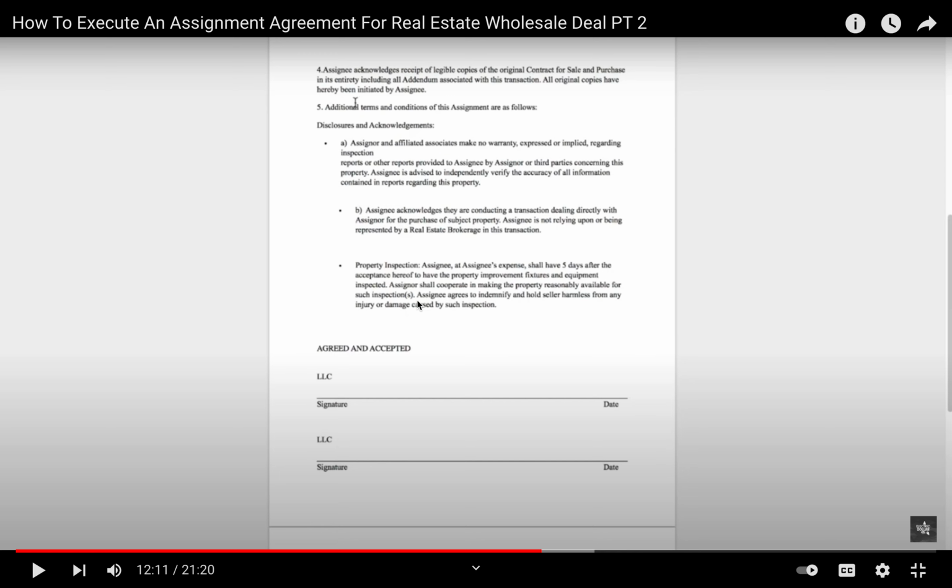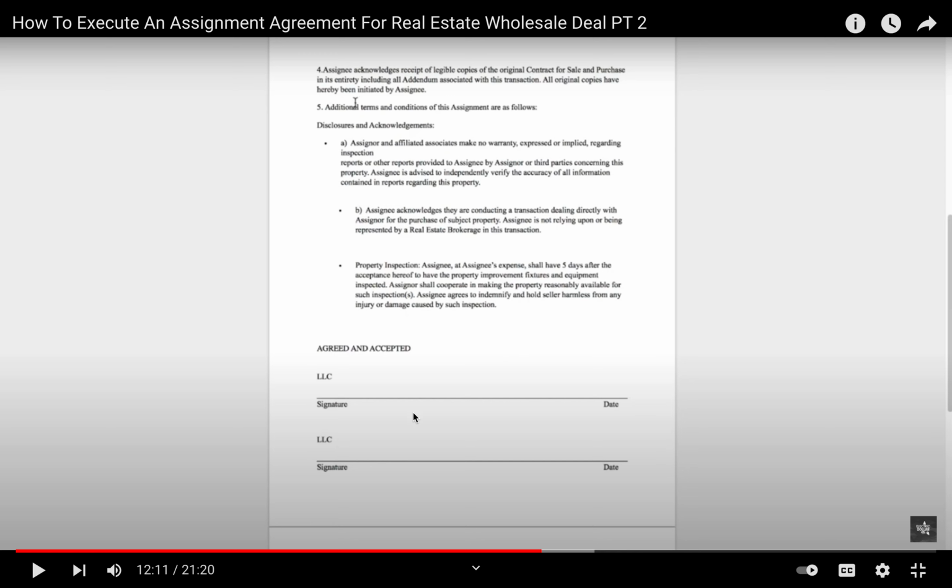So this is just saying that you will make the property available for them to inspect it during their 5-day period. Assignee agrees to indemnify and hold seller harmless from any injury or damage caused by such inspection. So this is just saying you can't go sue the seller if you fall at the property or whatever.